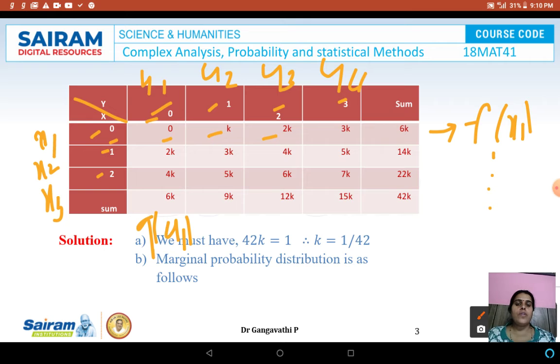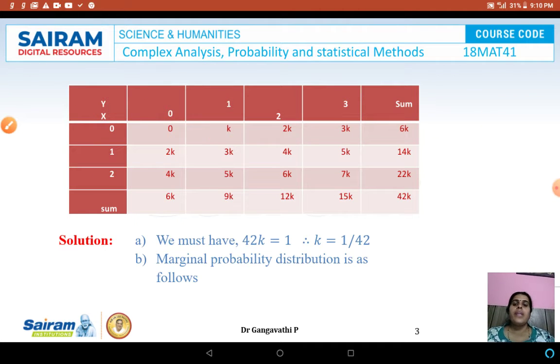When x is 0 and y is 3, we get this. Similarly for x equal to 1 with y equal to 0, 1, 2, 3, and x equal to 2 with y equal to 0, 1, 2, 3.